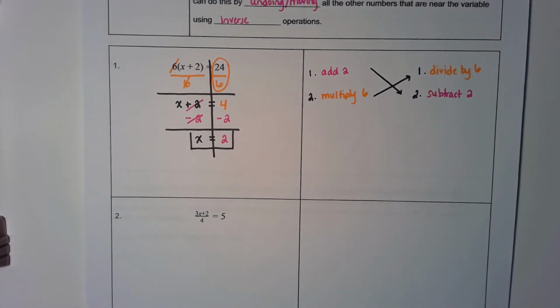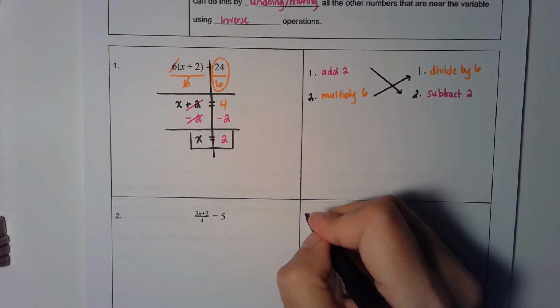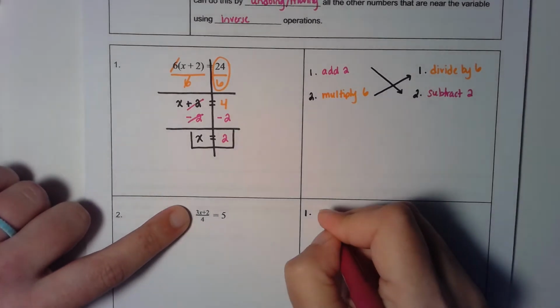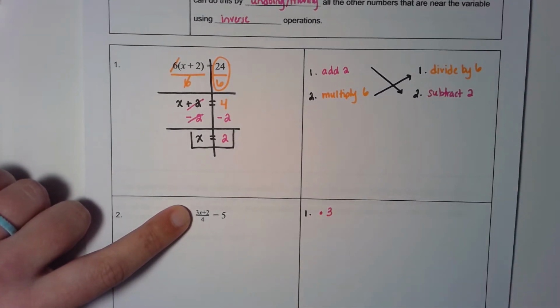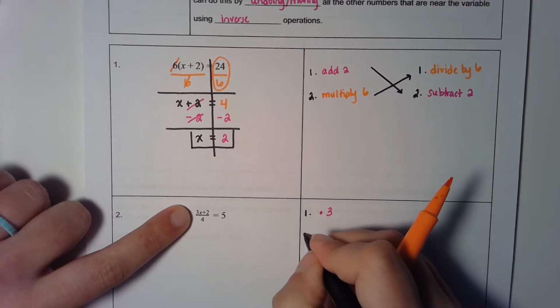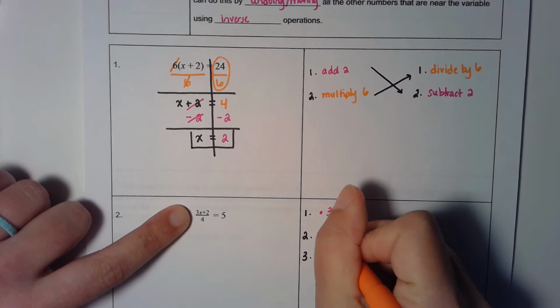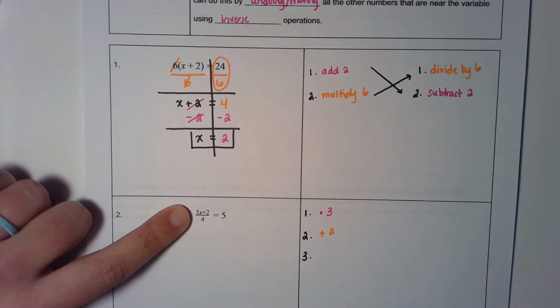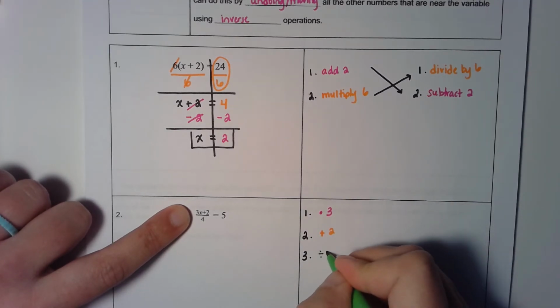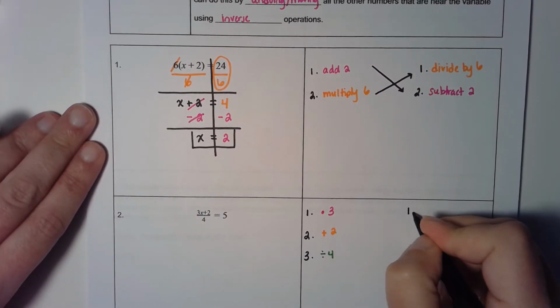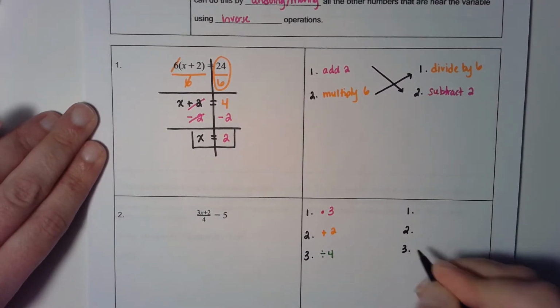For problem number 2, let's think about how you would build this equation. So to build this equation starting with x, we have times 3, then we have plus 2, then we have divide by 4, which means that in order to undo that, we're going to reverse the order.